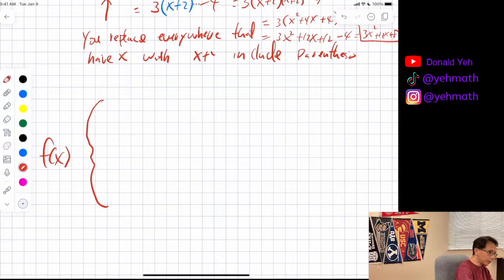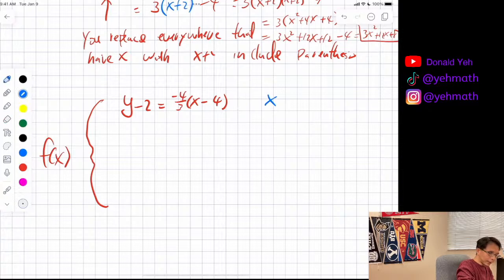Okay, so I have this function here. I'm going to give you 3 different formats and 3 different restrictions. So actually, I might give you 4. So let's start with the first one. The first one, I'm going to say, y minus 2 equal to negative 4 over 3 times (x minus 4) when x is greater than 4.